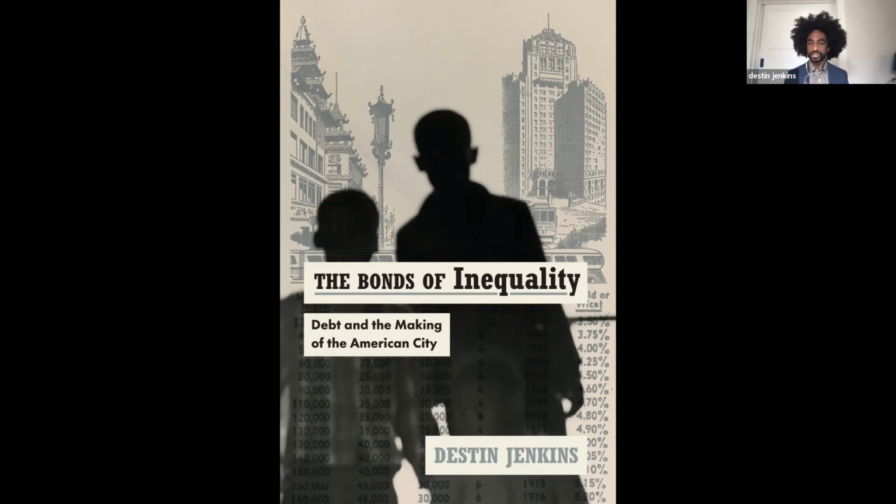But the book tries to offer an interpretation of how structural dependence came to be, or at least how it was rekindled. New Deal banking reforms, commonly lauded for their accomplishments, are equally notable for what they did not do. To take one example, the famed Glass-Steagall Act of 1933, which separated investment from commercial banking, did not sever the role of commercial and investment banks as lender to the American state.